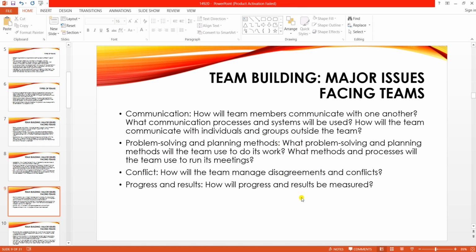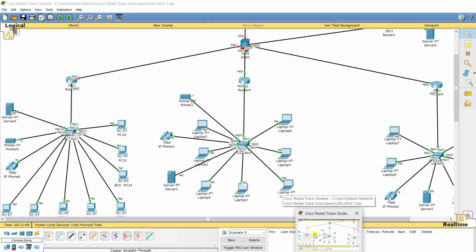And also the communication processes and systems that will be used. It depends on the processes. Communication processes could include your emails, social platforms, your WhatsApp, whatever is in place within that organization. It depends on the organization that has installed the communication processes. And also how will the team communicate with individuals and groups outside the team. In this instance, we may find that the networking team normally communicates with a WhatsApp group.